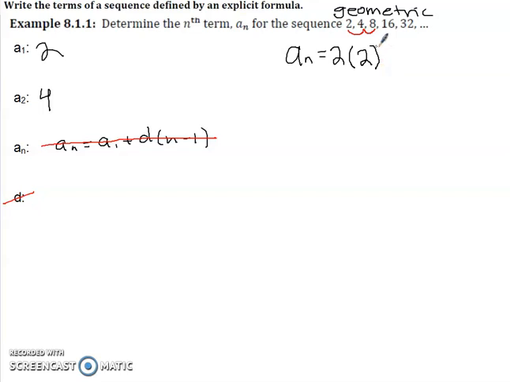Well, repeated multiplication is shown with exponents, so I'm going to multiply by 2 one less time than the number I'm trying to find. So for geometric, we can find the nth term by multiplying our first term in line by what we call the common ratio to the power of n minus 1.